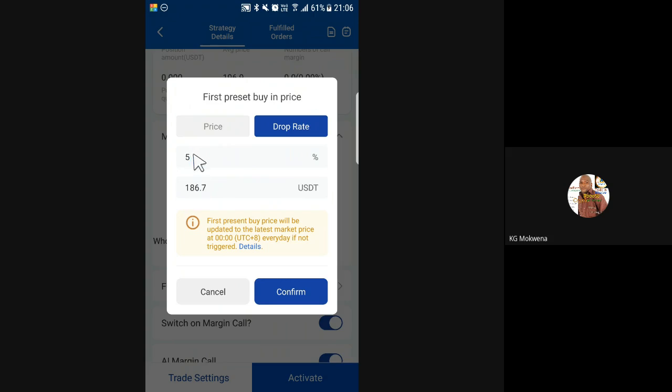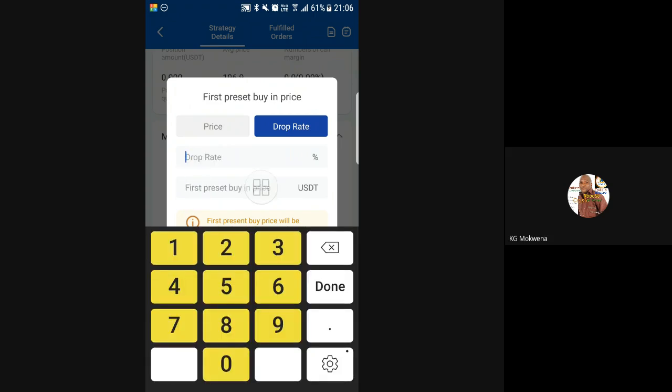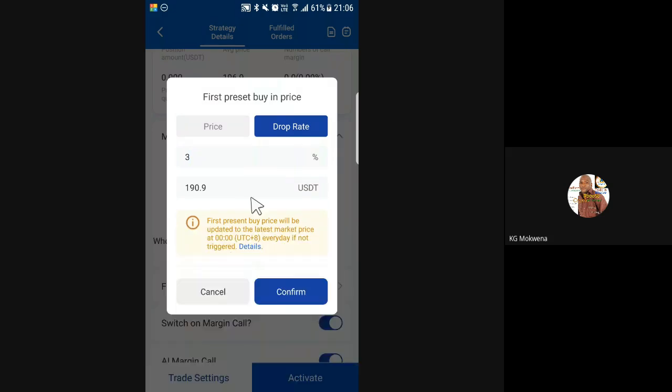Let me reduce 5% to, let's say, 3%. Can you see, business partners, that we are around where we need to be? So as a trader, you ought to be patient for a 3% drop from this particular coin. After a 3% drop from where the price is now, our call is going to be placed.